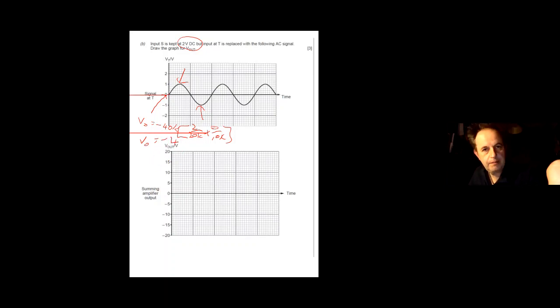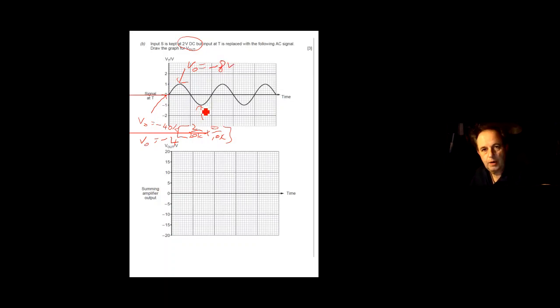If I do the same at this particular point, set up the equation, minus 40 times 2 over 20, plus 1 over 10k, if I do that calculation, I end up with minus 8 volts. That's something you could try.